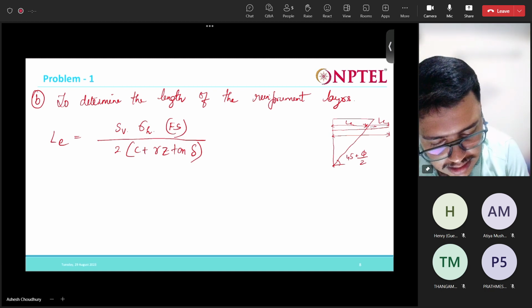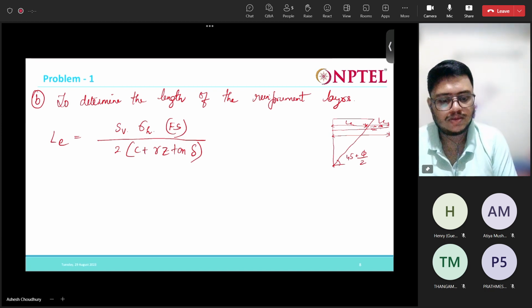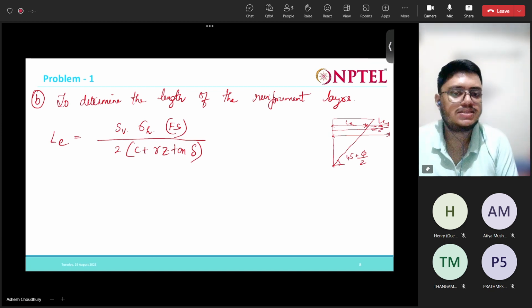Nothing but the shear resistance that is developed at the interface, isn't it? It is nothing but the shear resistance that is developed at the interface.